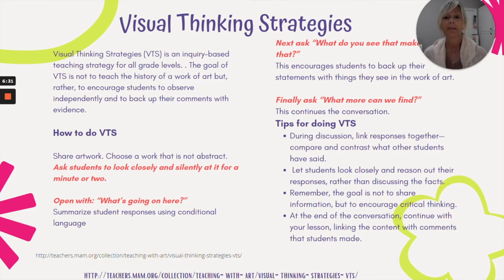We want students to respond, and then you, as the teacher, summarize the responses using conditional language. The next thing is you ask the students, what do you see that makes you say that? It encourages the student to back up their statements with evidence. They're already doing things like this in reading, so we're just encouraging this in a visual environment.